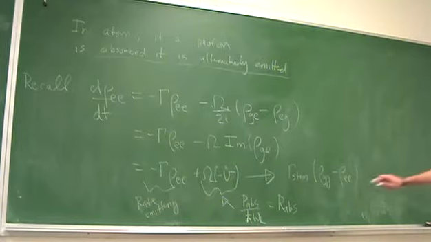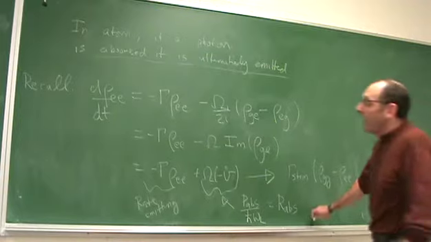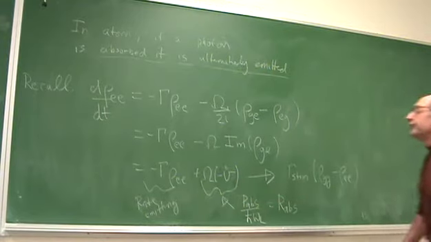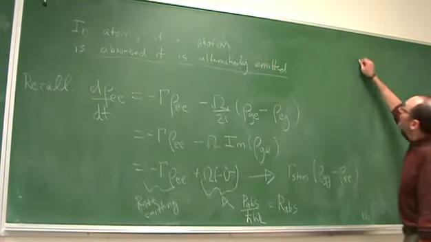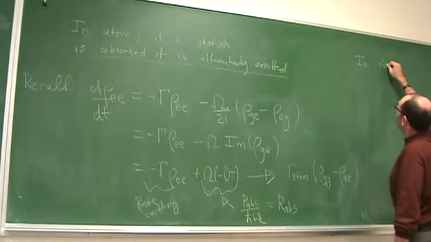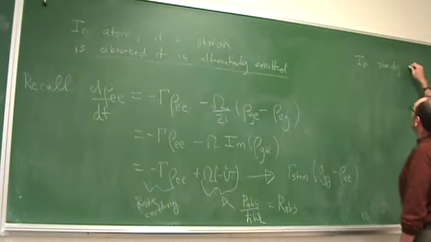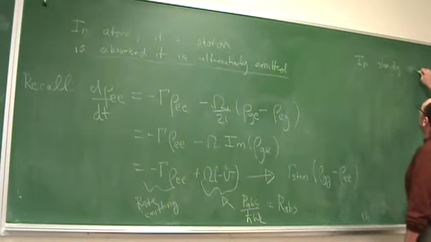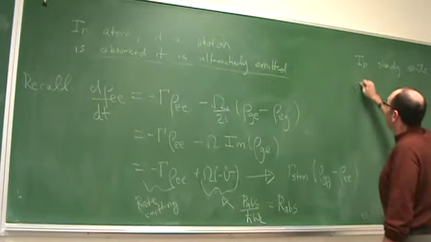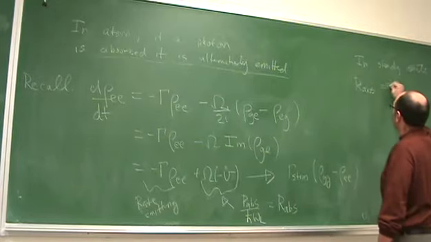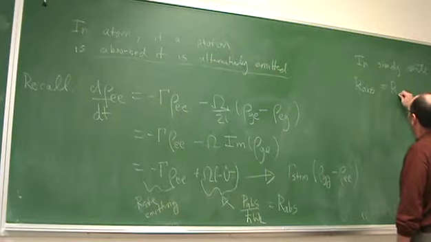So the amount that's absorbed in the problem in steady state is equal to the amount that's emitted. So in steady state, the rate of absorption is equal to the rate of scattering.